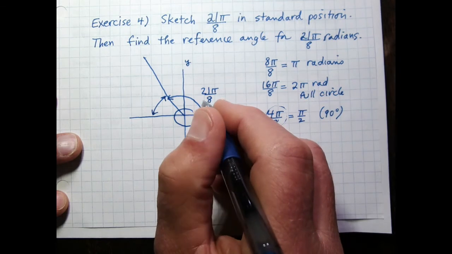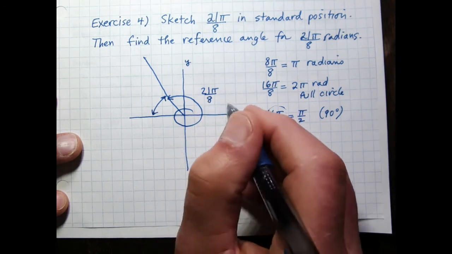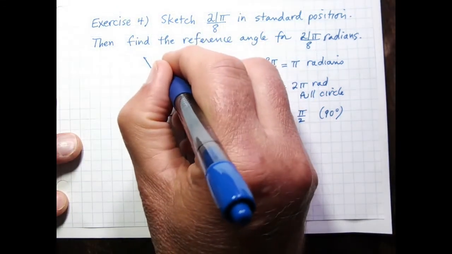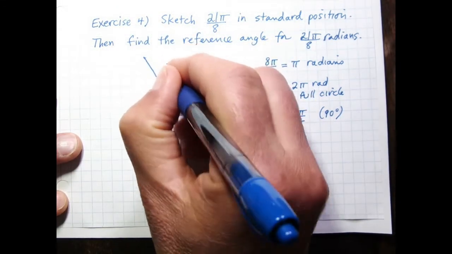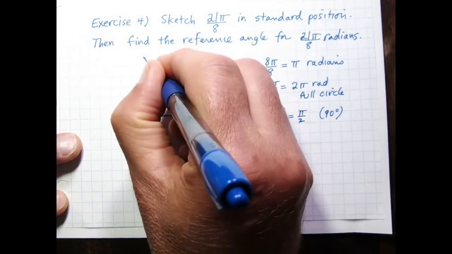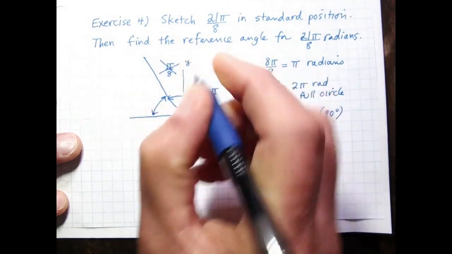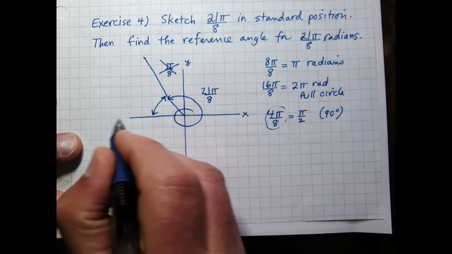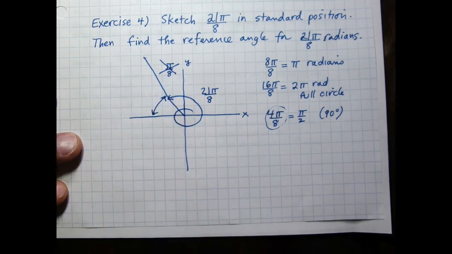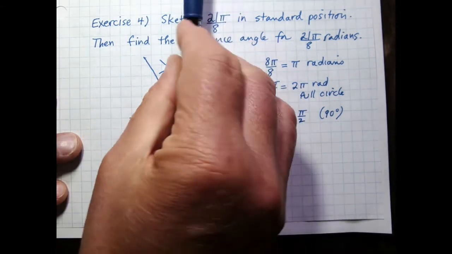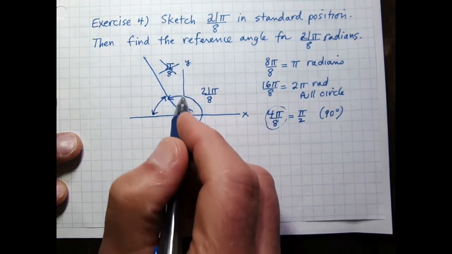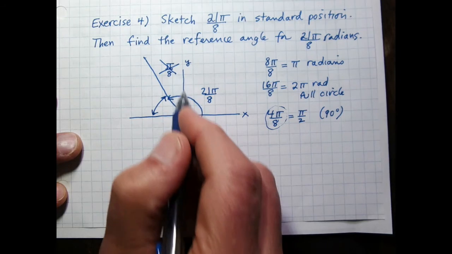What you don't want to say, a common mistake, is to say the reference angle is pi over 8. Pi over 8 is the angle right here, but that is not the reference angle, because the reference angle always has to touch the x-axis. This is a really common mistake. I know we went pi over 8 beyond the positive y-axis, but the reference angle never touches the y-axis.